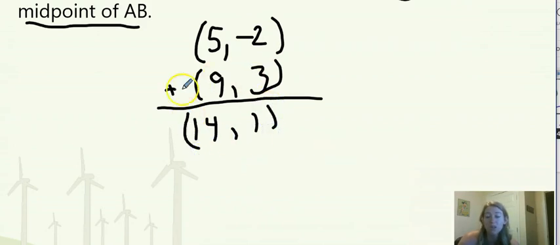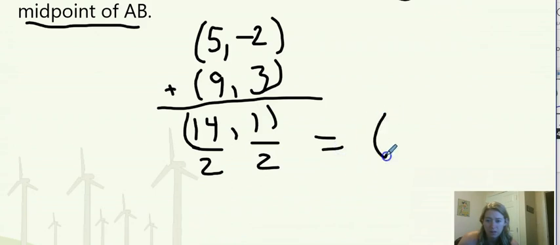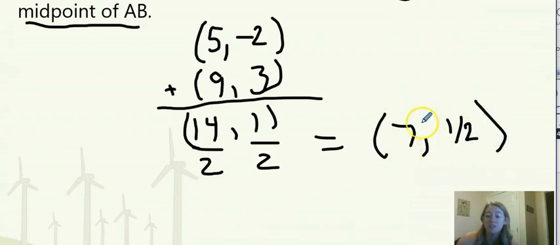All right, so we've stacked and we've added. Now we're going to divide each number by 2. So we get 7, 1/2. And this is our midpoint, right?